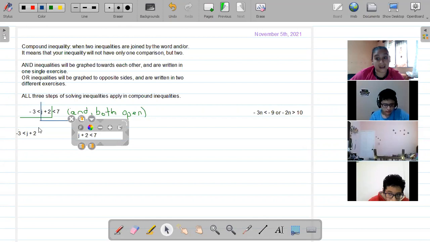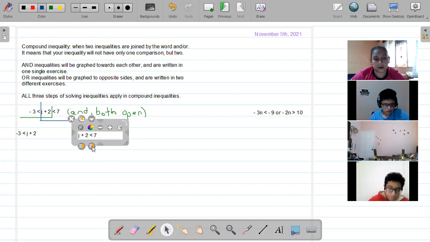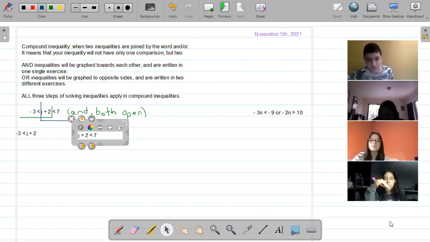As you can see, in and inequalities, you will always have repeated what is in the center. The center was j plus 2. You have a j plus 2 in here, and you have a j plus 2 in here. Now that you separated them both, now it is time for us to solve the inequalities using the three steps and every other step that we have been using before, okay?